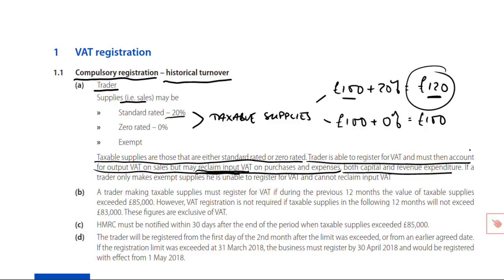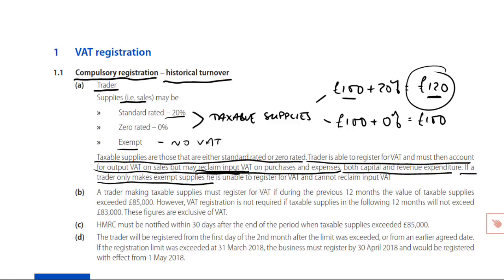Now that is as compared to if we as a business make exempt supplies. Now if we make exempt supplies, clearly they are not taxable. There is no VAT to charge. But although there is no VAT, the same as would have been the case, we remember, if we made zero-rated taxable supplies, this has a very, very different and important impact.